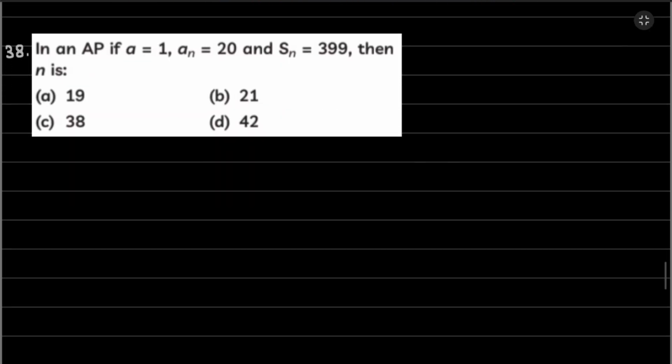In an AP, if your A is 1, and the nth term is 20 and the sum of the first n terms is 399, then what is your n is the question. So what is the formula for Sn? So Sn is equal to n by 2 into 2a plus n minus 1 into d. Right?